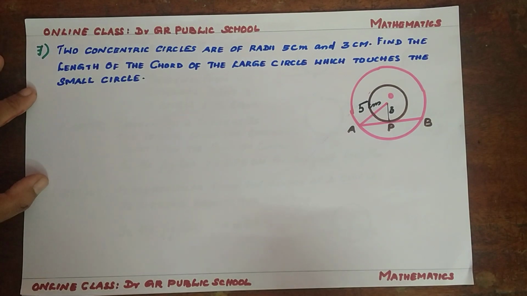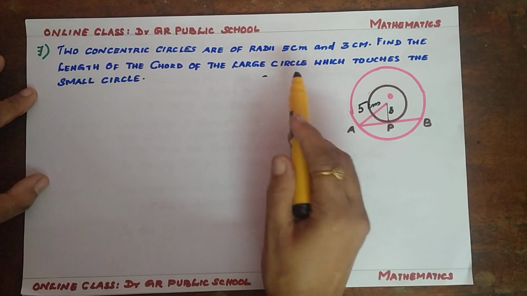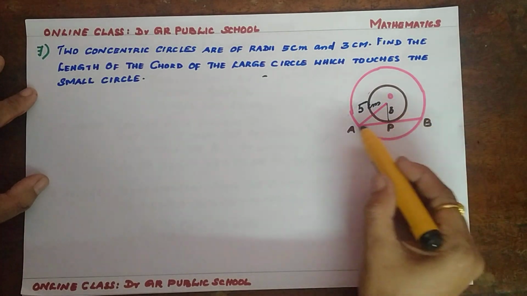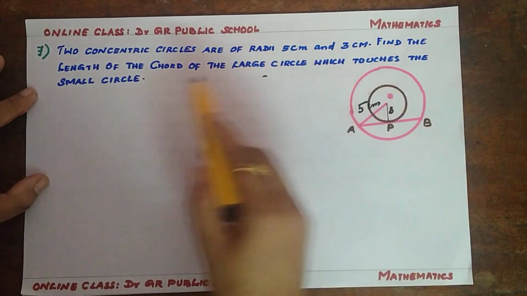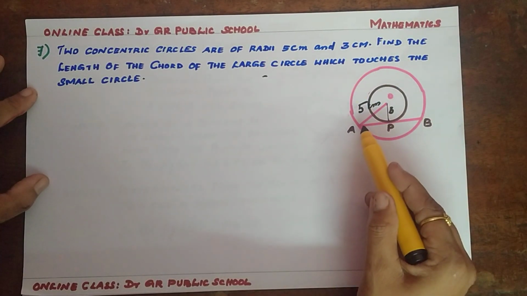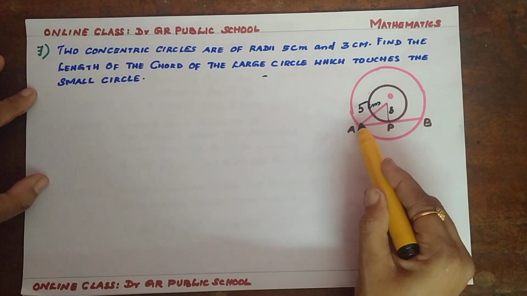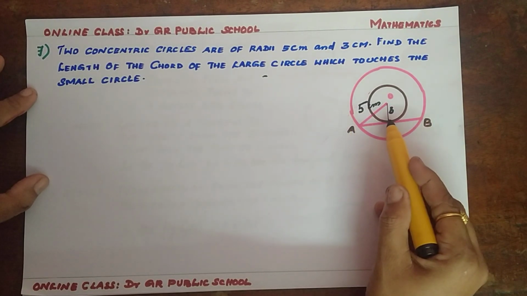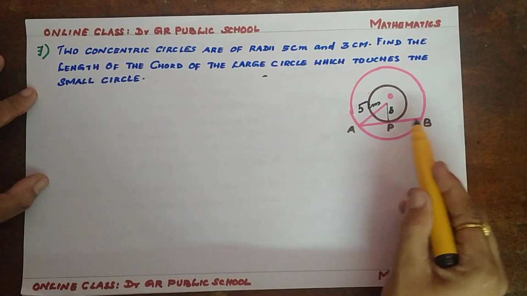You are asked to find the length of the chord of the larger circle, that is, the length of the chord AB, which touches the small circle. The condition is that the chord of the large circle is actually a tangent to the small circle. We are asked to find the length of the chord AB, but the chord AB is a tangent to the small circle.